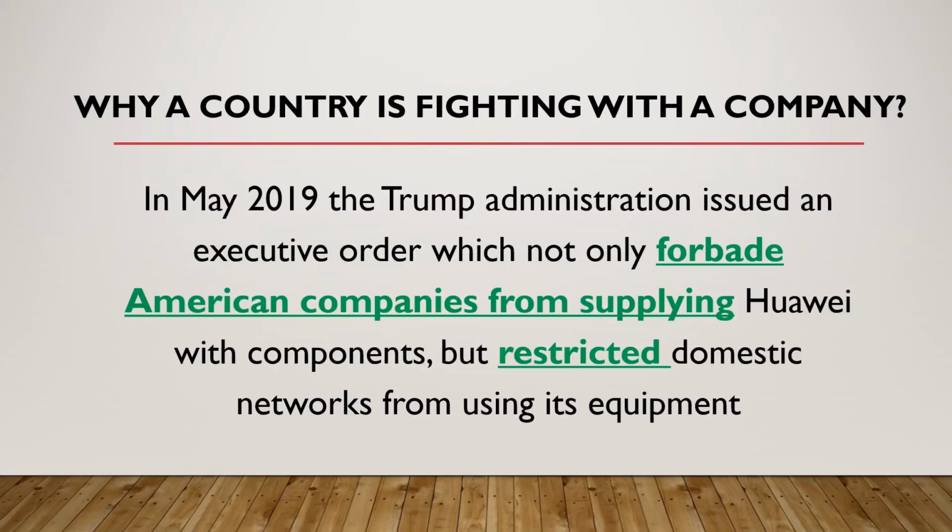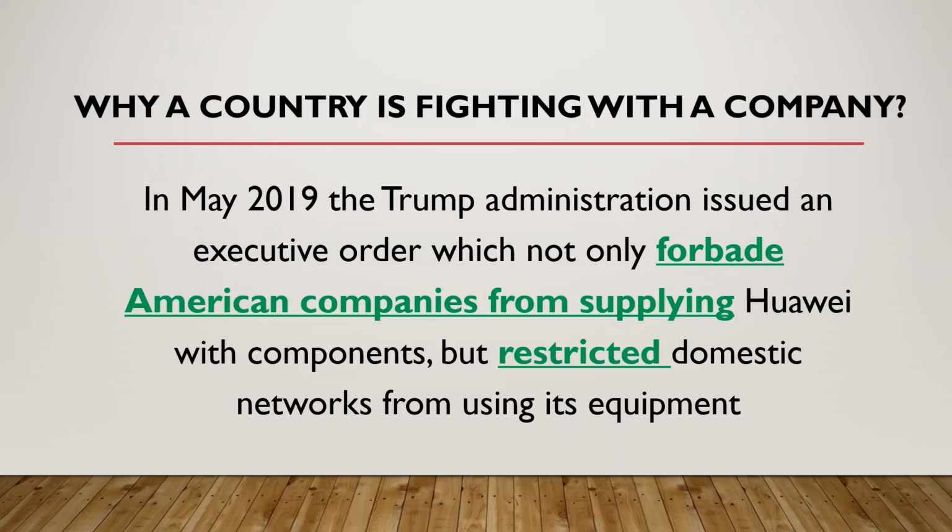So in May 2019, the Trump administration issued an executive order which not only stopped American companies from supplying Huawei with their components, it also tried to stop the companies in the US from using equipment from Huawei.